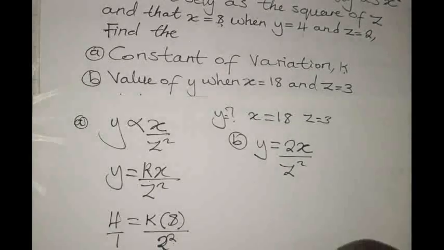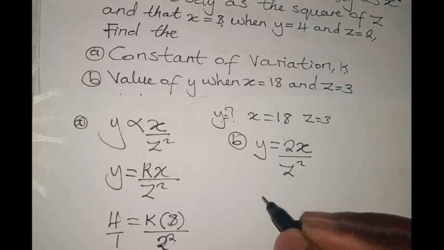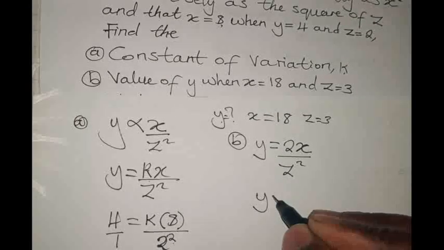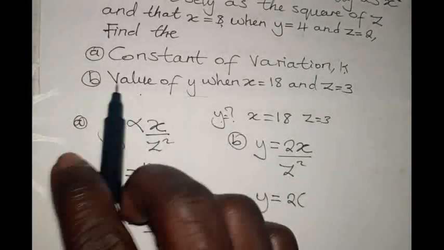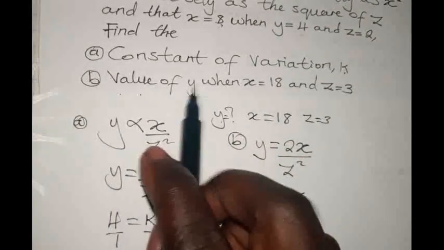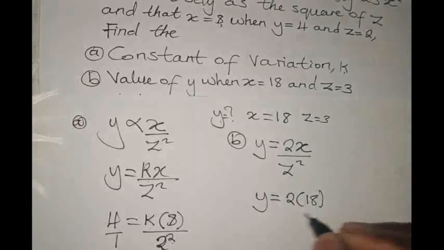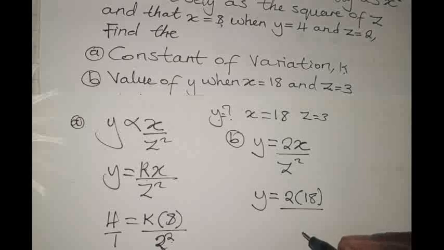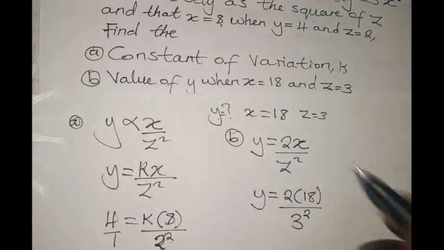Now let's find the value of y as the question has stated. So y, which is what we're trying to find, is equal to 2. What was our x in this statement? Our x is 18 and our z is simply 3. Now you square it, don't forget to square it.